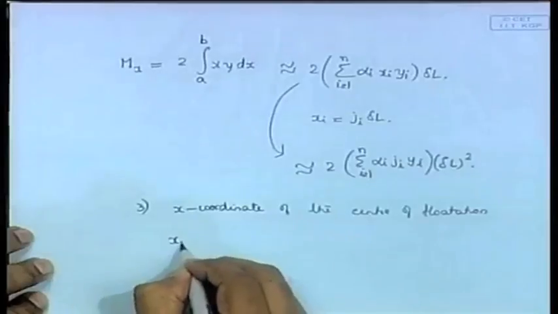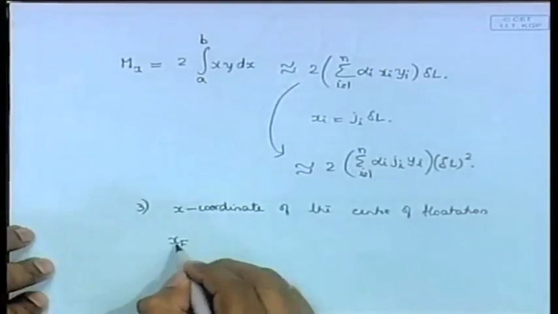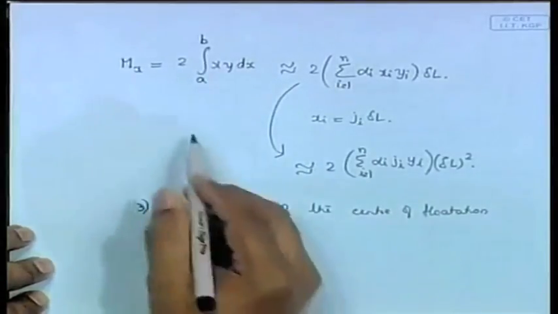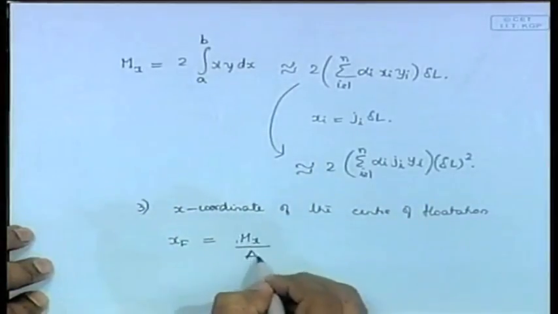So, you have this area, you want the centroid of that water plane area. So, how will you find it? You will do moment of that water plane area divided by the water plane area, right. Okay. So, that will give you the centroid of flotation. The x coordinate of the center of flotation, let us call it x f, is equal to m x divided by a w.